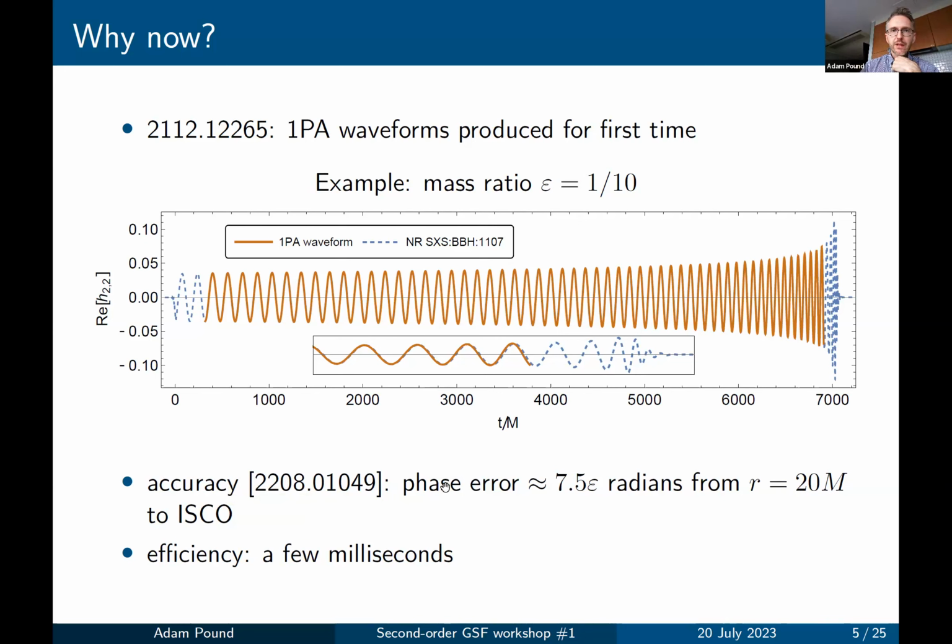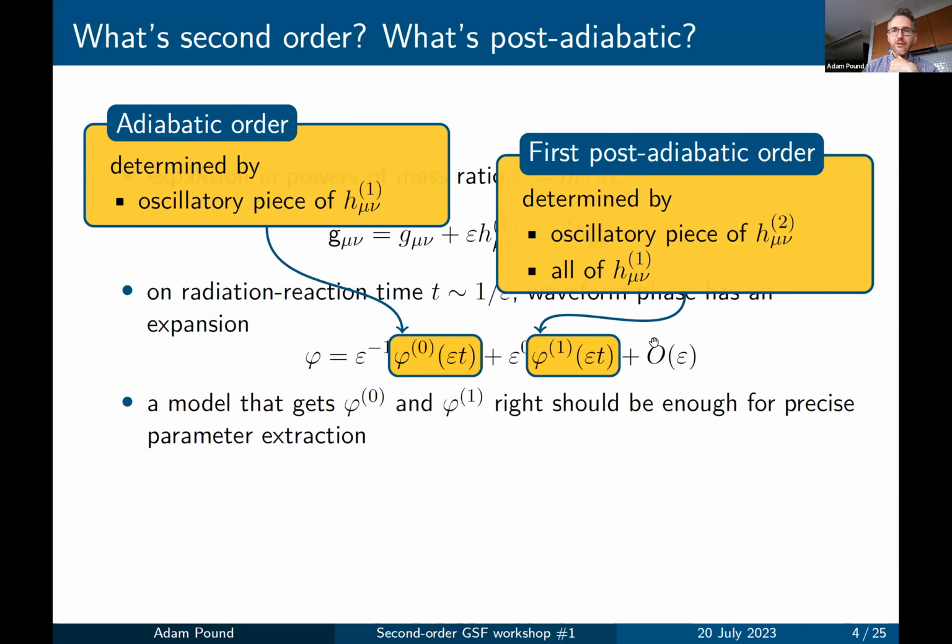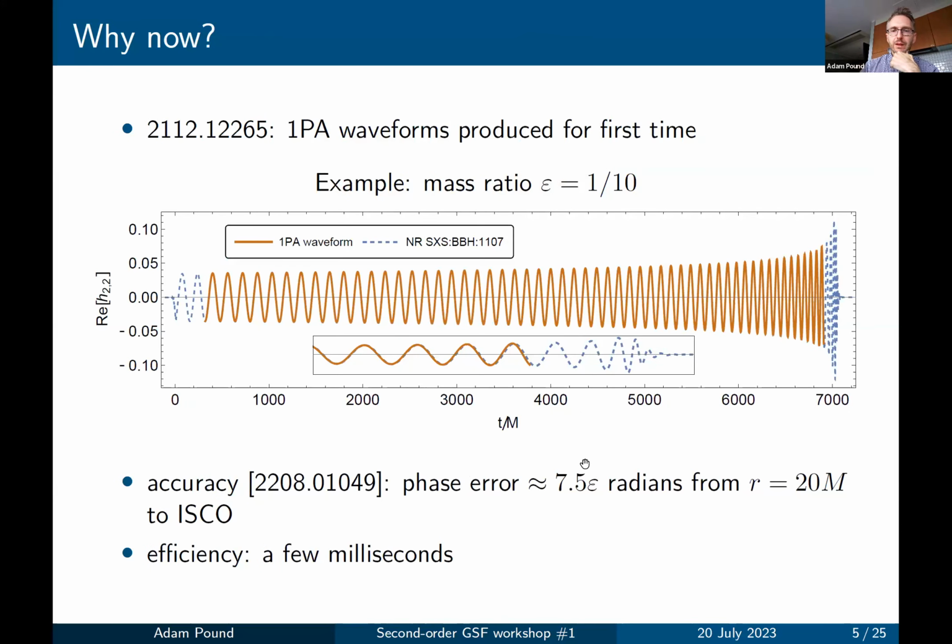And the paper doesn't actually contain this error estimate, but you can extract this error estimate from the results in the paper. And so we find that the phase error, so this next term, what would be a 2PA term, the error that we are omitting by generating a 1PA waveform, that error is 7.5 times epsilon radians, roughly, for an inspiral that starts at 20M and inspirals down to the ISCO.